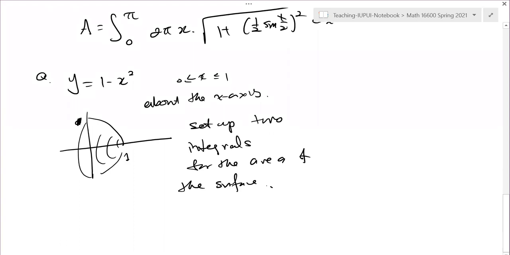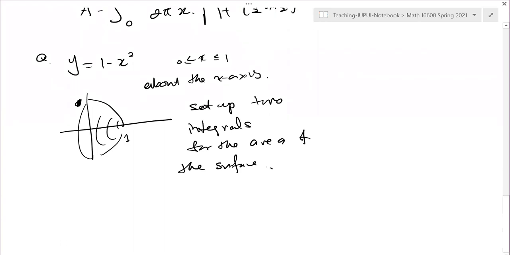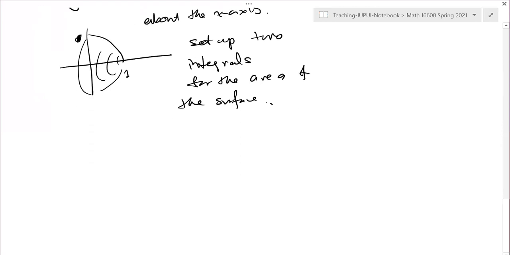You have to write down two integrals. Okay, you try to write down one of them, please. I'll give you 1 minute to think about it, okay? Write down two integrals. One with respect to the x variable, the other one with respect to the y variable.